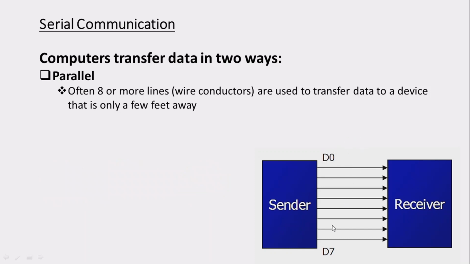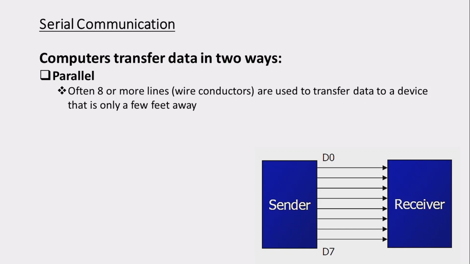The whole sending of data is done in only one single clock cycle. So the parallel type of communication is used if you have a shorter distance between the sender and the receiver, then we can go for the parallel communication.